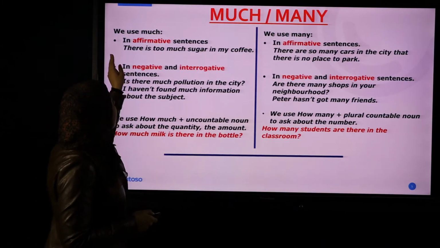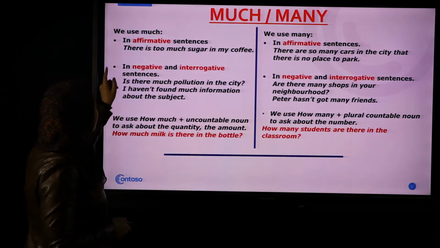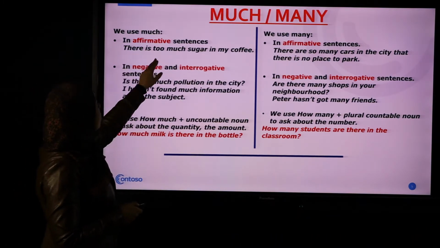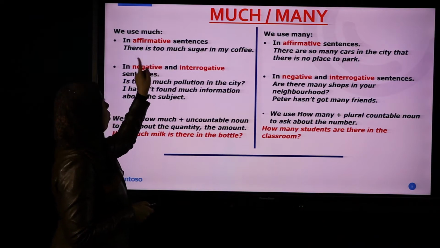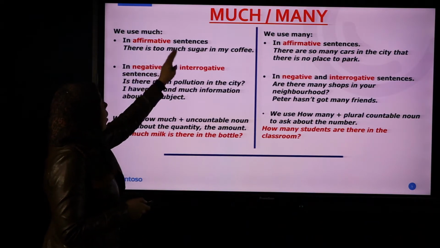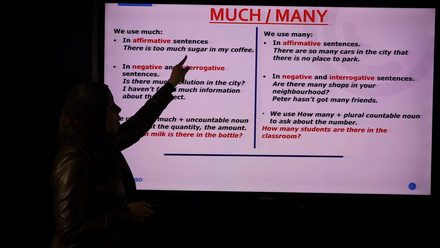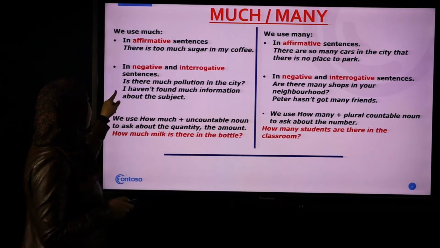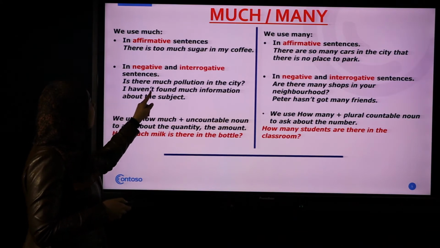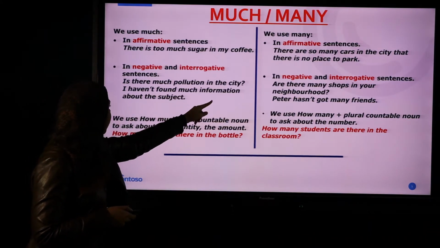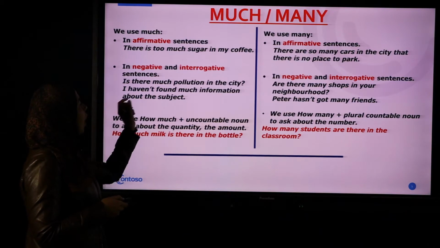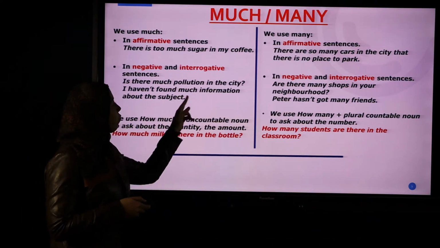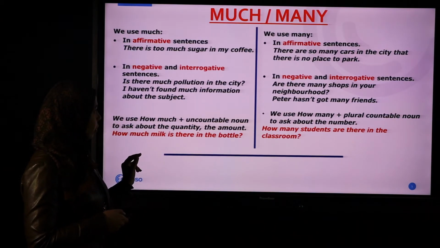We use much in the affirmative sentence, like when we say, there is too much sugar in my coffee. I used here there is with much because we talk about the sugar. In the negative form, like when we say, I haven't found much information about this subject, I used here much with information because information is an uncountable noun.